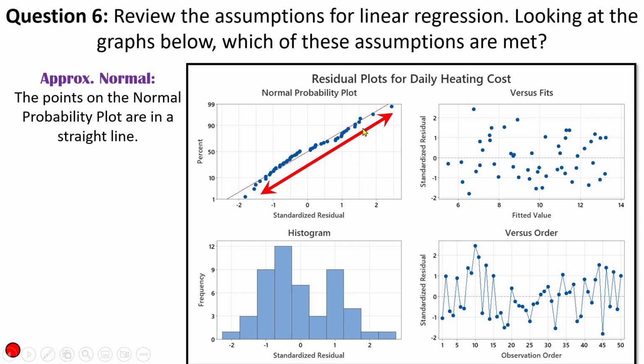You can see that most of these residuals are within plus or minus 2 standard deviations of 0, which is exactly what you would expect if the residuals followed a normal distribution. Furthermore, these points in this plot make roughly a straight line. And if that's the case, then you could say, yes, the distribution of the residual errors in our model is approximately normal. And so that condition is satisfied here.